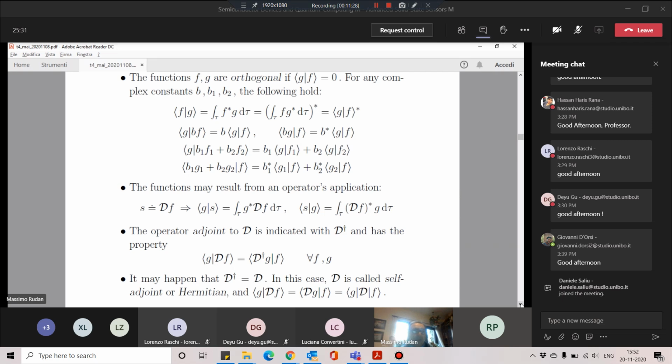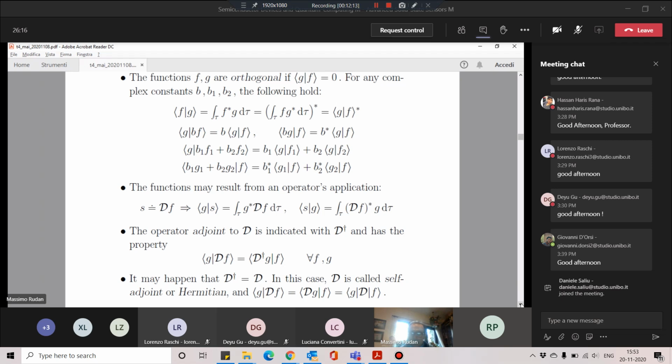These definitions look abstract, but you remember, we have a similarity of the scalar product in vector algebra. The scalar product of two functions is a generalization of the scalar product of two vectors. Also, the operation of an operator onto a function is the generalization to the continuous case of the multiplication of a vector by a matrix.